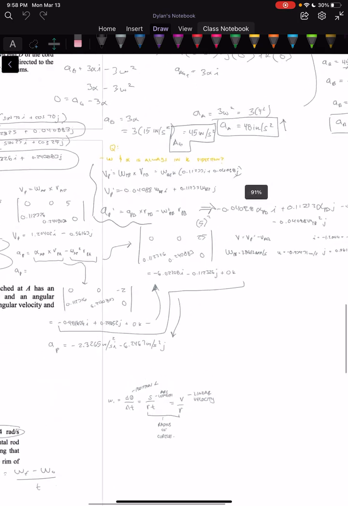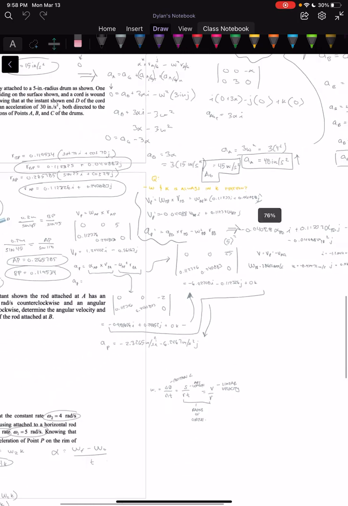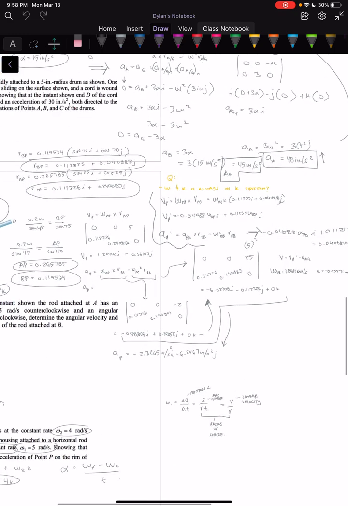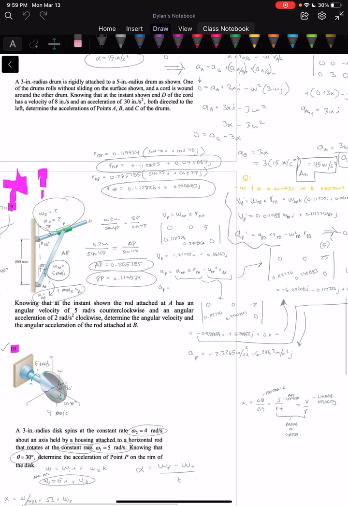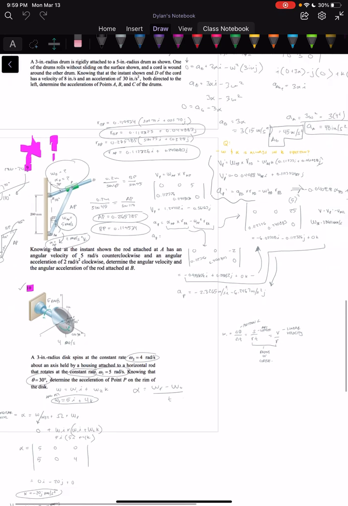And then we have our normal acceleration, angular acceleration with respect to P, which is moving in 2 different directions.